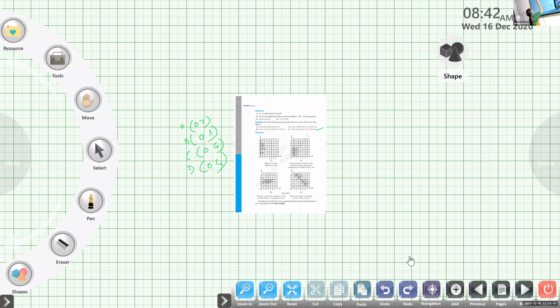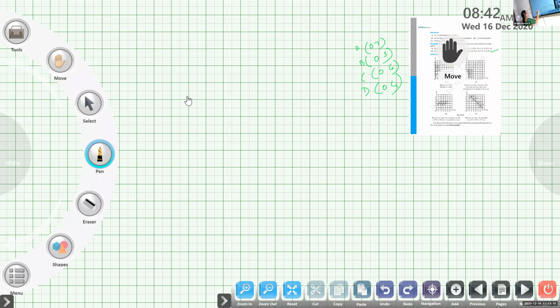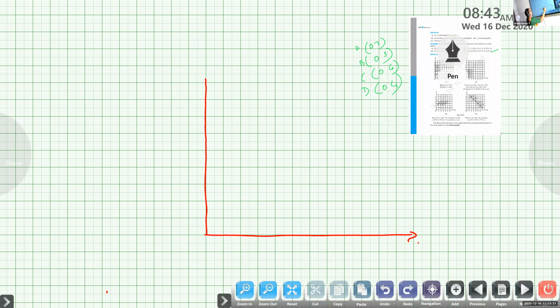This is x, y. This is 0, 1, 2, 3, 4, 5, 6, 7, 8 on the y-axis. First point is (0, 7).